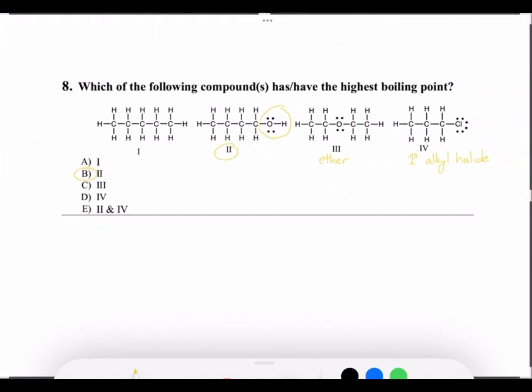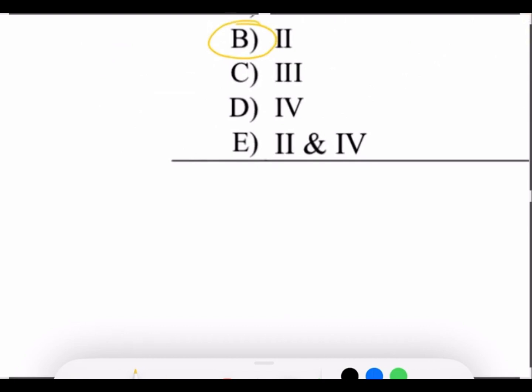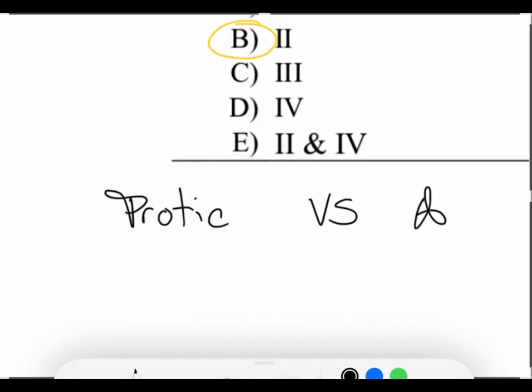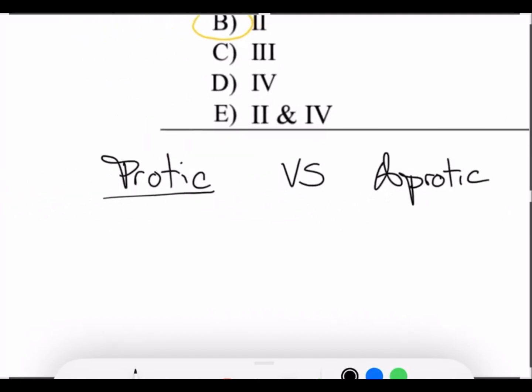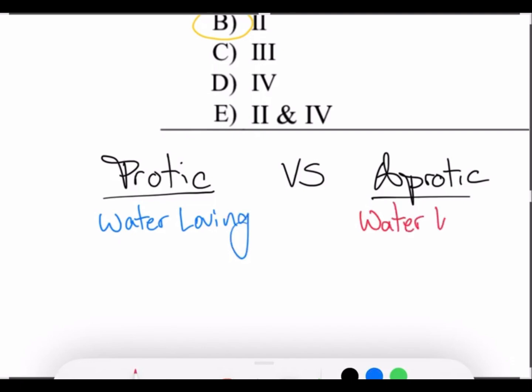All right. So when we are talking about boiling point, we are talking about protic versus aprotic, running out of room here, molecules. So protic is water loving, whereas aprotic is water hating.